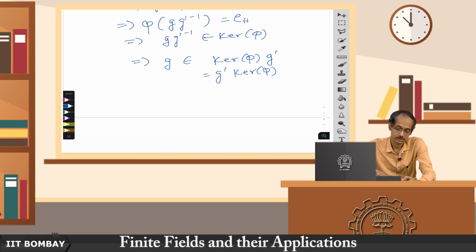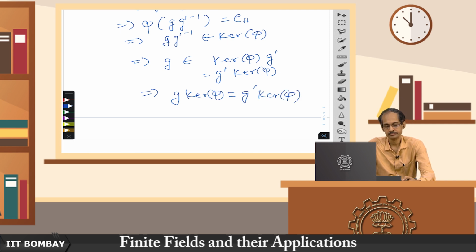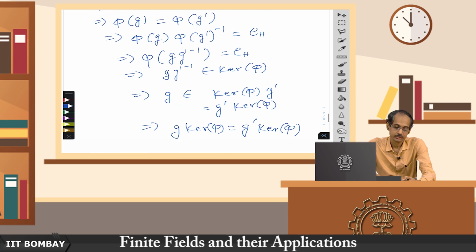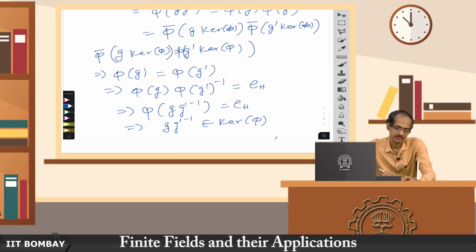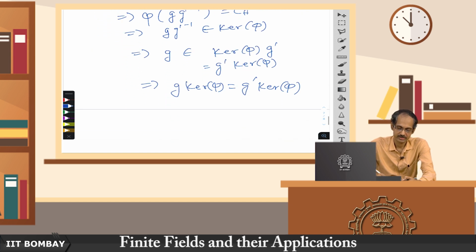So, what you see is that g kernel phi is the same as g prime kernel phi. So, if phi bar of g kernel phi is the same as phi bar of g prime kernel phi, then these cosets are the same. So, it is a 1 to 1 map. So, phi bar is injective.